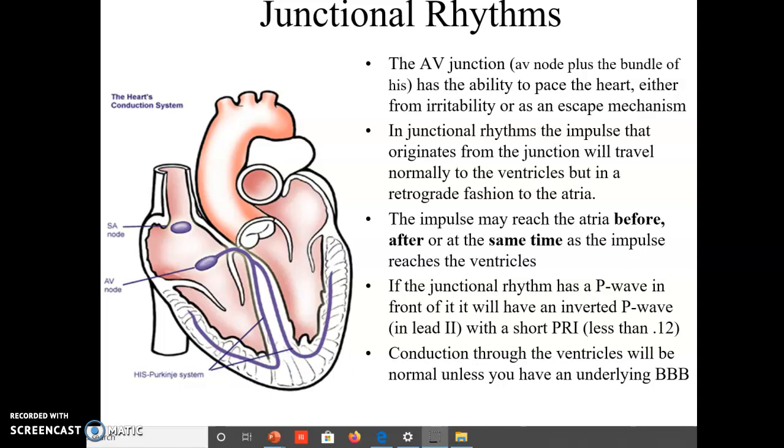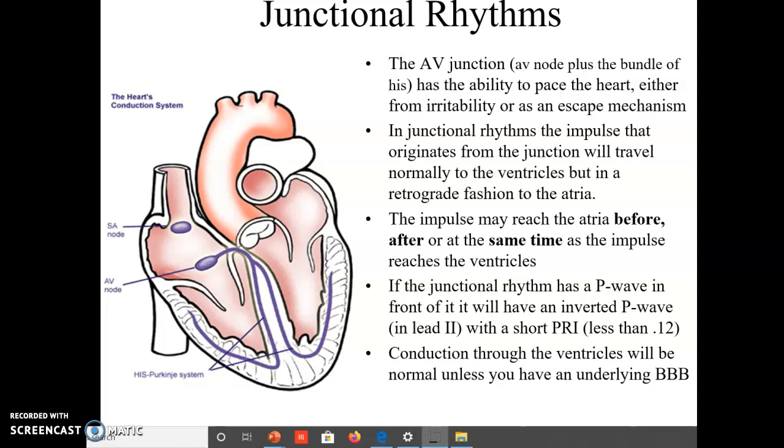So what's going to happen is if we're in lead 2, if the impulse travels in a retrograde or backward fashion to depolarize the atria, and it gets through the atria before the impulse comes down the ventricles, we will see a P wave before the QRS, but the P wave is going to be inverted, and it's going to have a short PR interval.